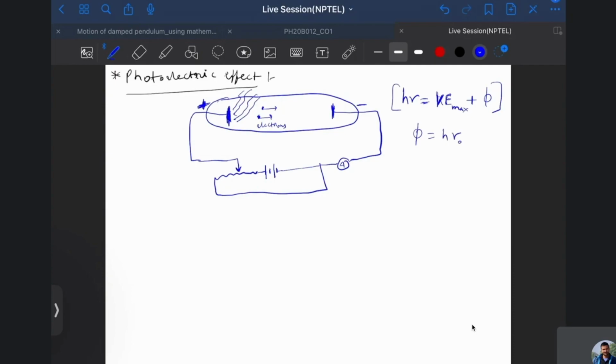Okay, so if you shine light with frequency nu naught on a metal, the electron will just come out of the metal with zero kinetic energy. Here KE is 0.